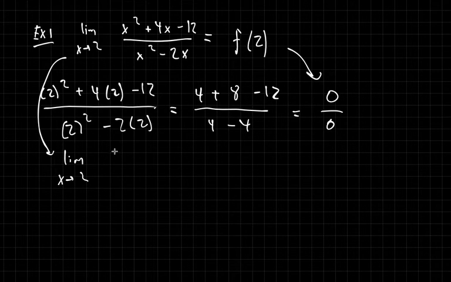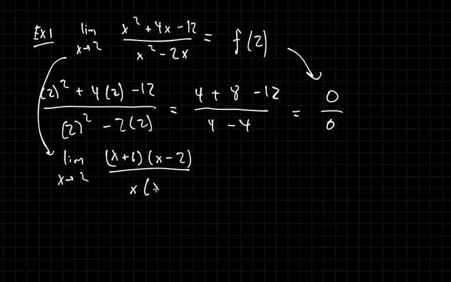The top here is going to be x plus 6 times x minus 2. If you double check it, it'll come out the same. And the bottom is x times x minus 2. So this is the same as this, and you can notice that these cancel out.